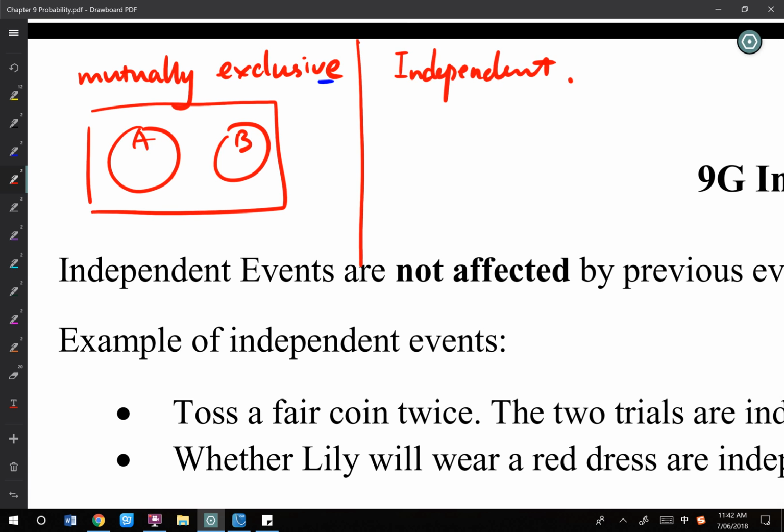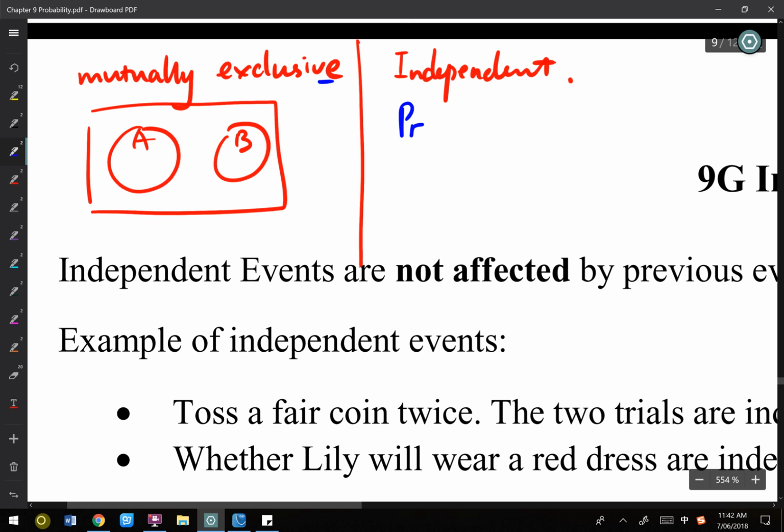Yes. Why? If it's independent, I'll say the probability of A intersect B must be the probability of A times the probability of B, right? What's A intersect B through the graph?